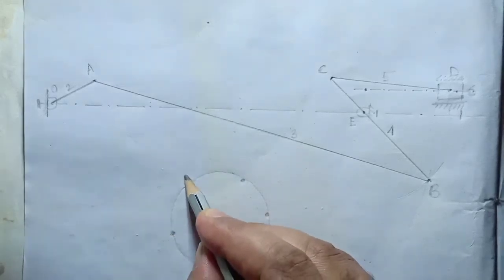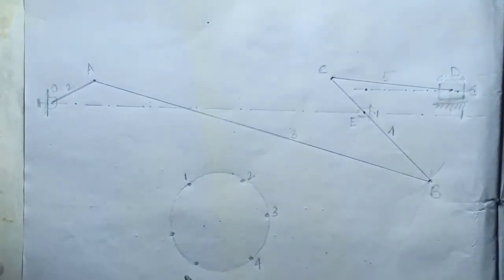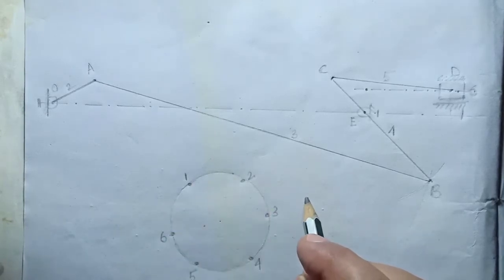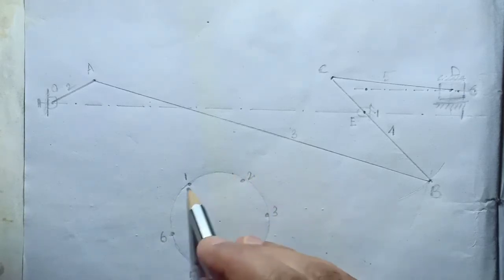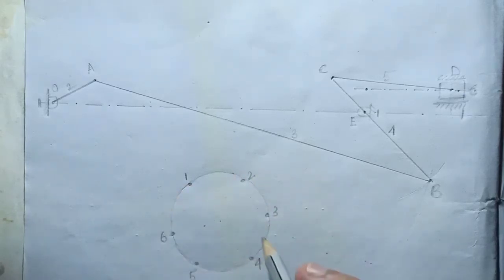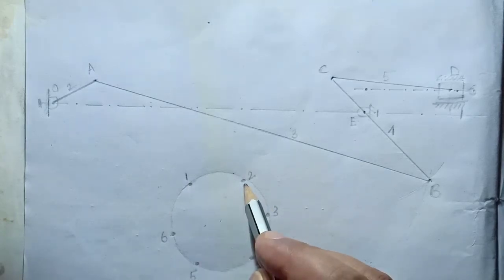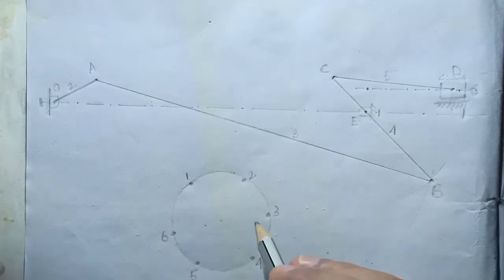So always put the links one after another, means 1, 2, 3, 4, 5, 6, either in a clockwise manner or counterclockwise manner. You cannot show 1, then 3, then 5. We cannot put the links haphazardly.